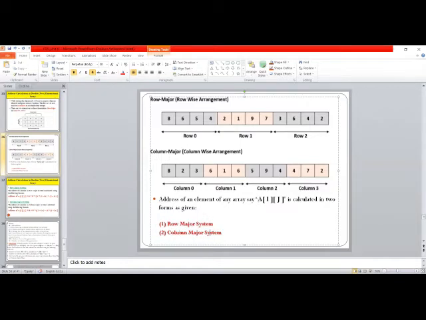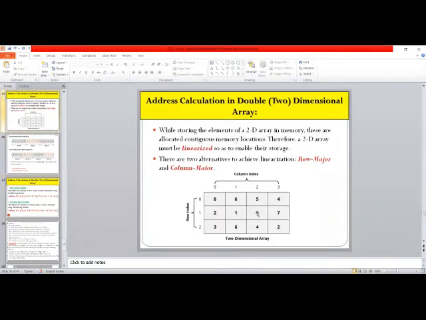You can observe here that A of i, j: i means the row index, and j means the column index. Now we have to supply these for finding out a particular address.